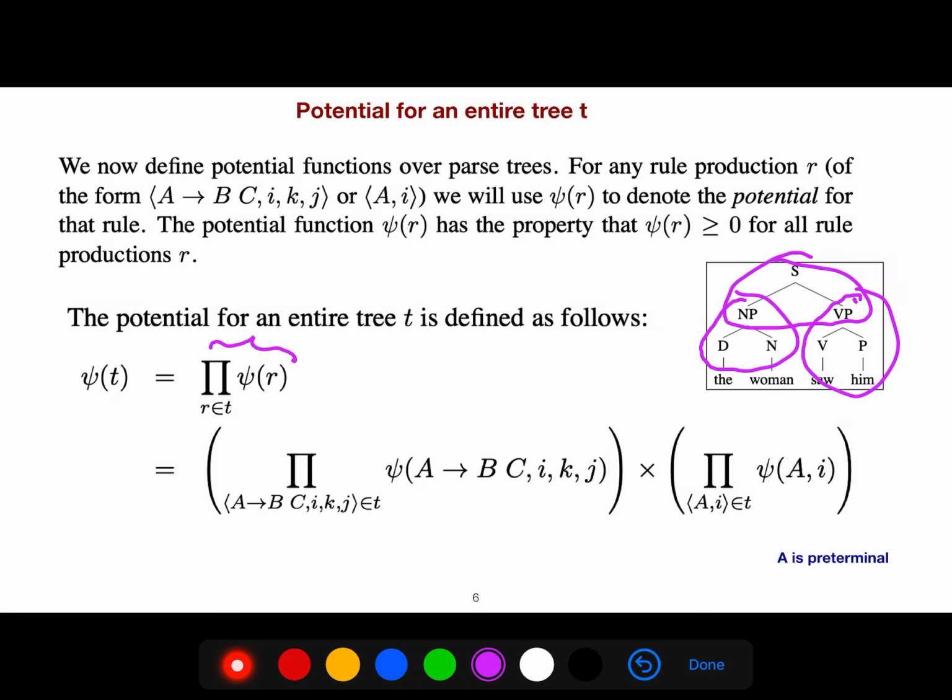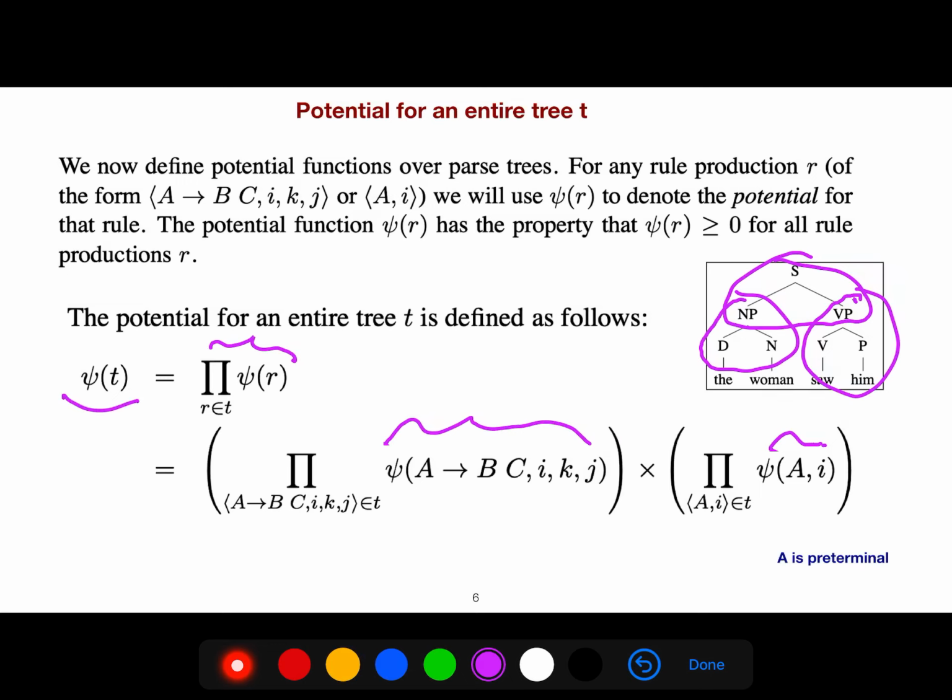In everything, you multiply a set of potentials. For example, this potential here, because we are parsing, is just the potential of a rule. And each one also has its probability, just like the normal probability law. If you multiply it, this is just psi of t, but we have not normalized it yet.